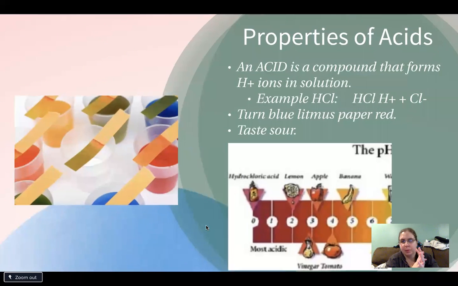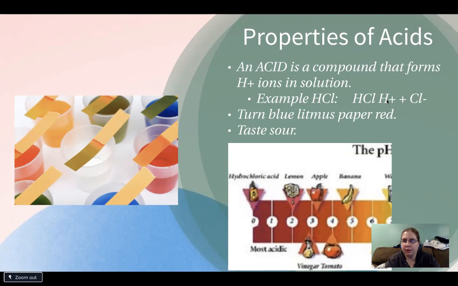Okay, let's talk a little bit about properties of acids. An acid is a compound that will form hydrogen ions in solution. That means that when you add it to water and form a solution, it's going to break apart, and one of the things it's going to break into is hydrogen ions. Here's an example: hydrochloric acid, HCl.